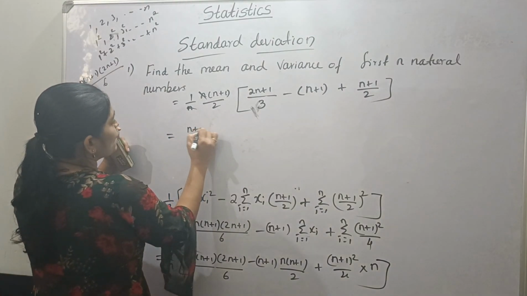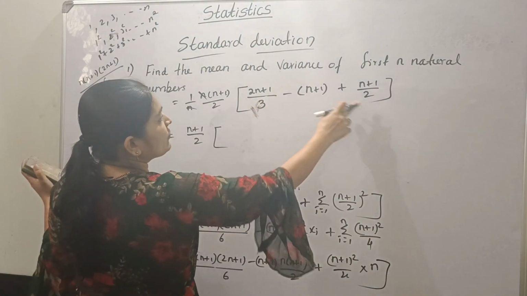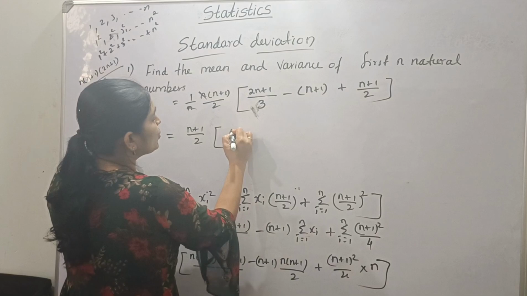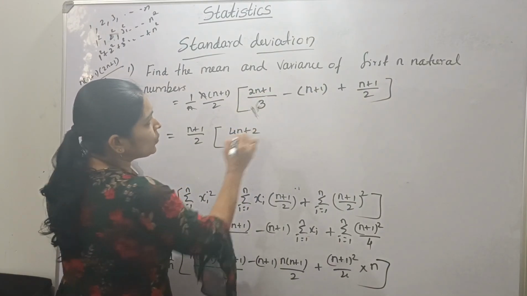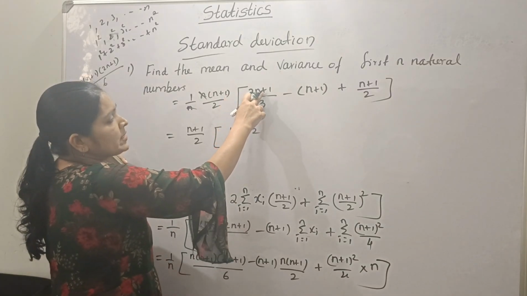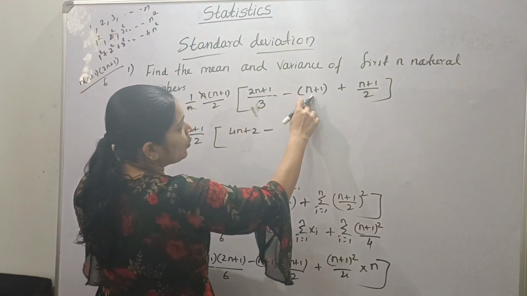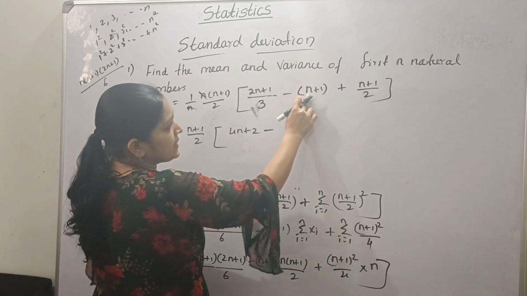So n plus 1 divided by 2 into, let us take the LCM of this. 6 is the LCM. So here we have to multiply 2. So 2 into 2n plus 1, that is 4n plus 2. Okay, 2 into 2n is 4n, plus 2 into 1 is 2. Minus, here we have to multiply, 6 is the LCM, so we multiply 6 by this.